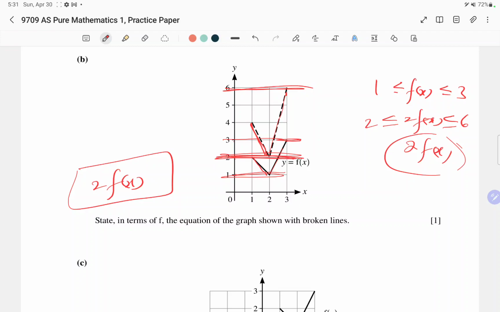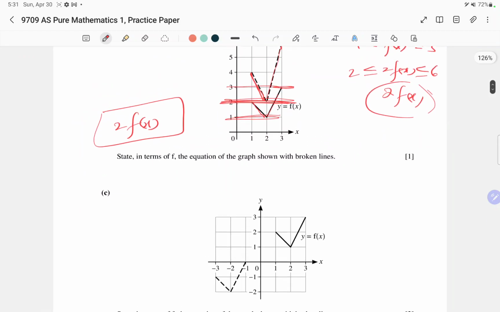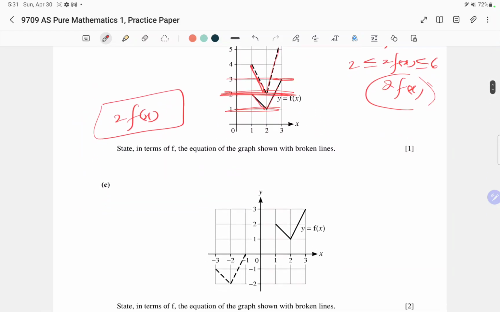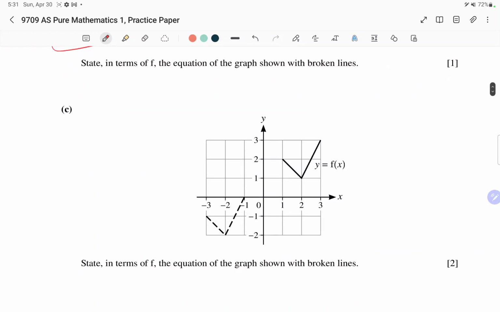Now next question is part c, that says, state in terms of f the equation of the graph shown with broken lines. Okay, so first it is coming here, then going down, and everything is the same, right?